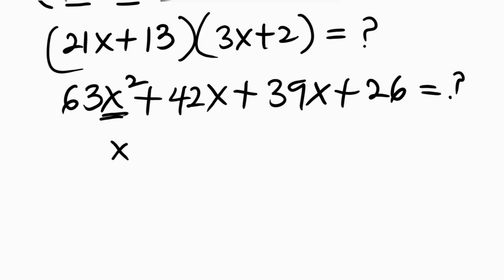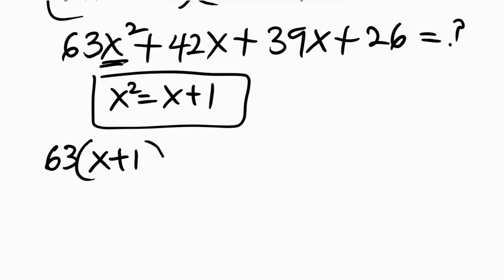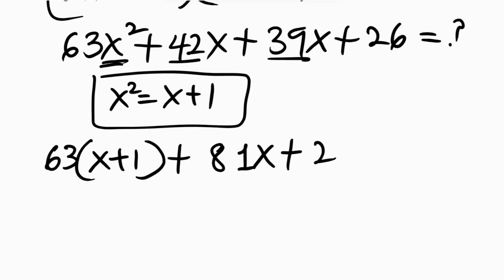Okay, and again our x squared is x plus 1. So let's plug that in. So we have 63 times (x plus 1), plus 42 plus 39 will give us 81x, plus 26.